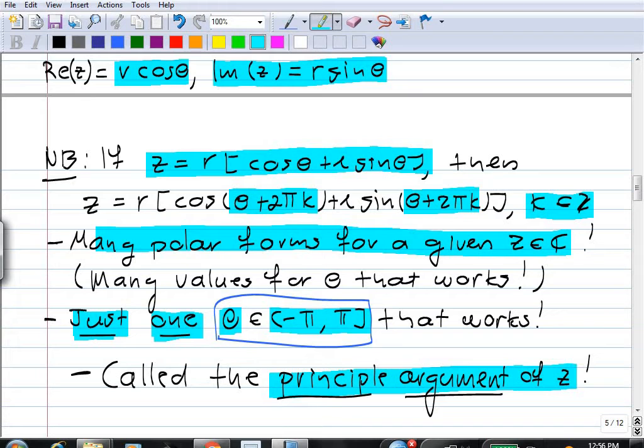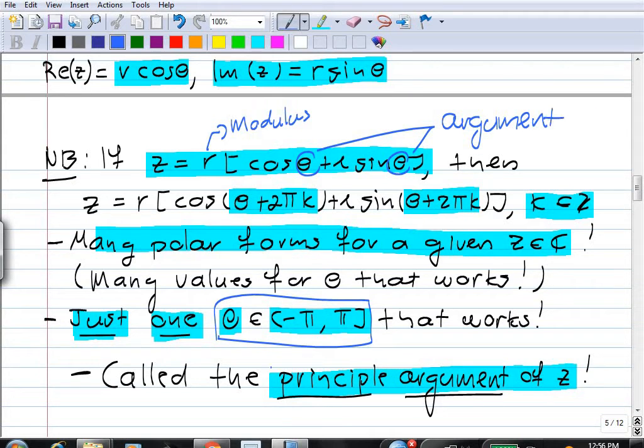So the polar form is also sometimes called the modulus argument form. That's because here we have the modulus, and this theta here we call the argument. And the theta that sits between minus pi and pi, we call the principal argument.